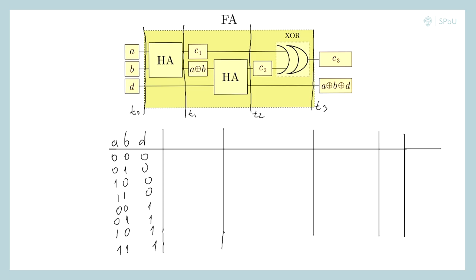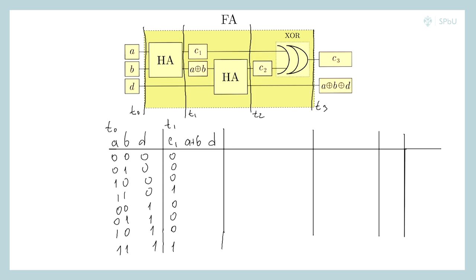So, at the moment t1, we have 3 bits, the bit d, the bit a plus b, and the bit c1. So at the moment t1, bit c1 equals 0, 0, 0, 1, 0, 0, 0, 1.